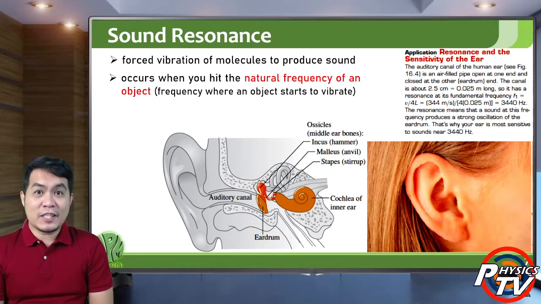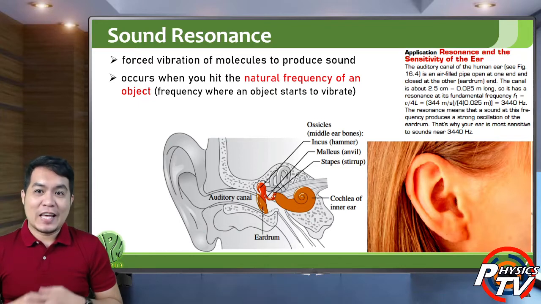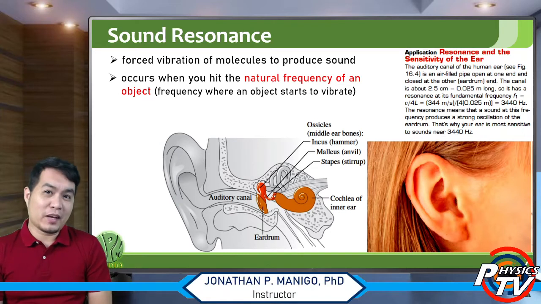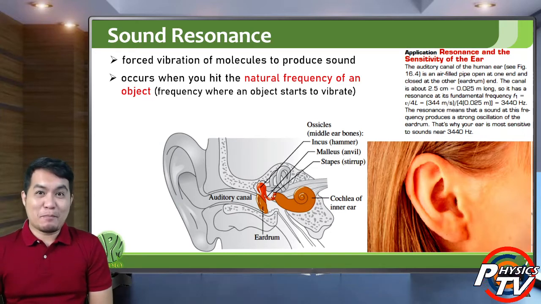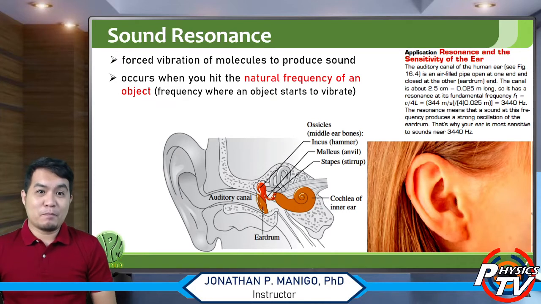Our ears are very sensitive to this frequency. When we hear a sound with a frequency of 3,440 hertz or near 3,440 hertz, it will create something like a feedback loop effect in our ears, and it's not a pleasant experience. So our ear is like a stop pipe.